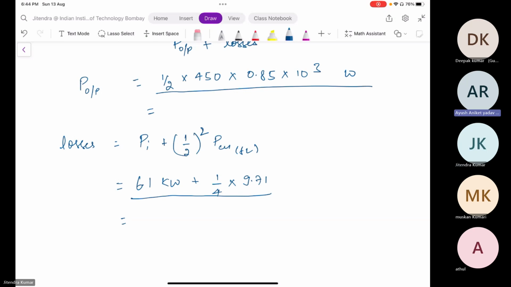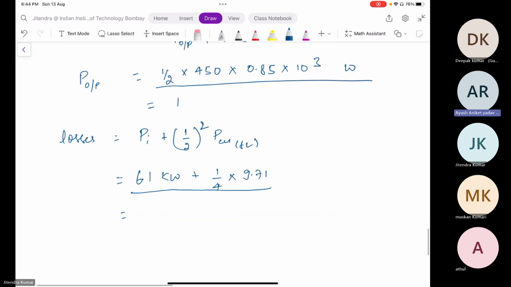Sir, output power is equal to 191.25 kilowatt. Okay, losses. 8.27.